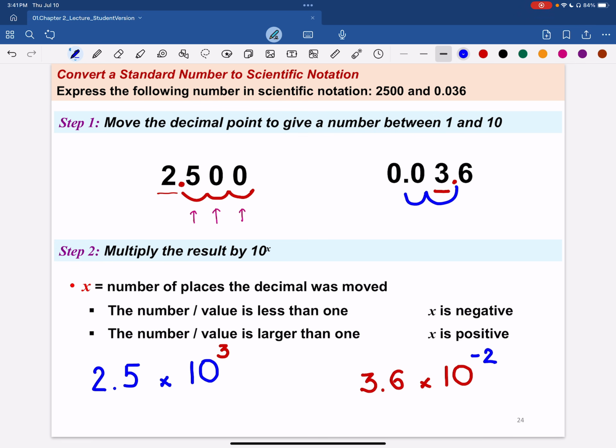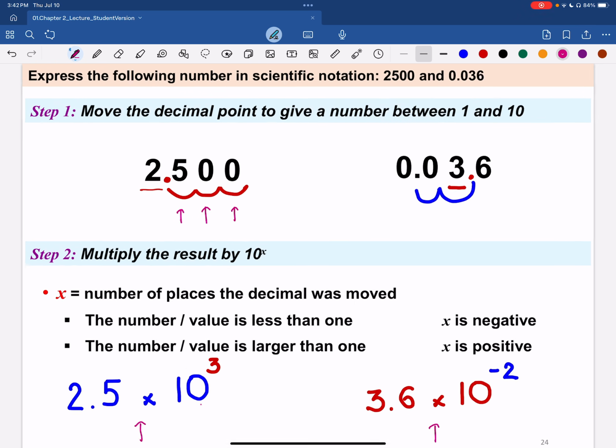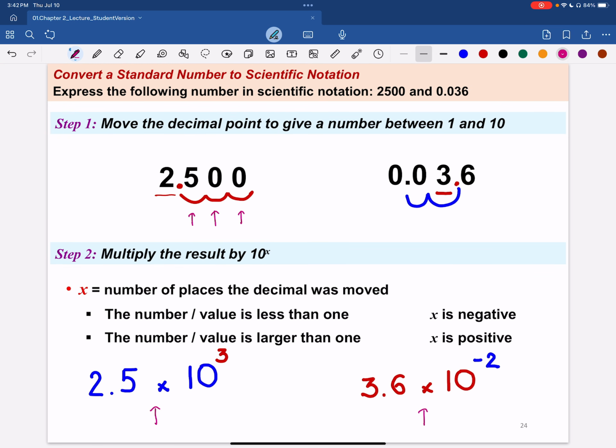If you want to check that your scientific notation is correct, after you come up with it, put the value back in your calculator to see if it gives you the same number.